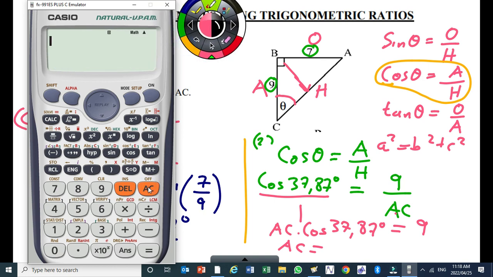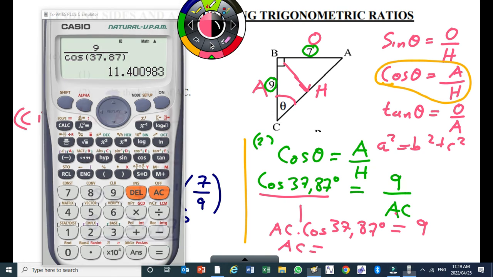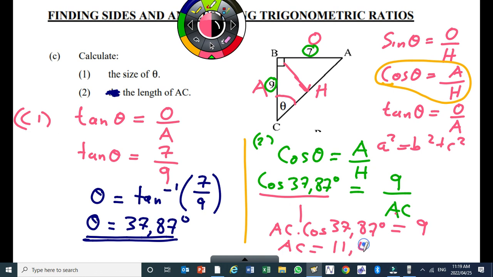So that will be equal to 9 divided by cos 37,87. So you get 11,40. So this will be 11,40. Right?